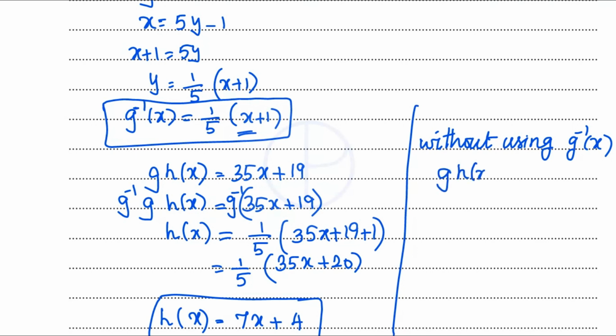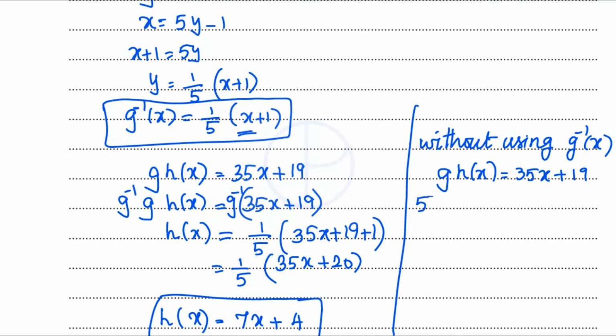gh of x equal to 35x plus 19. So what is gh of x? h of x is substituted in g of x. What is g of x? g of x is 5x minus 1.